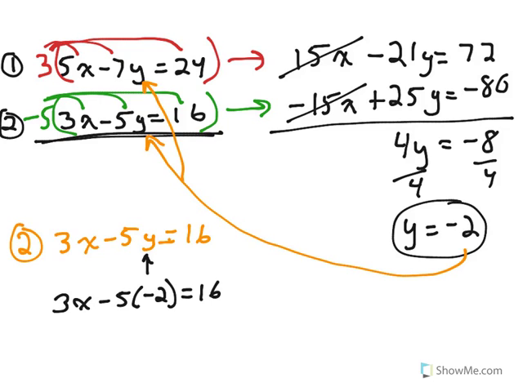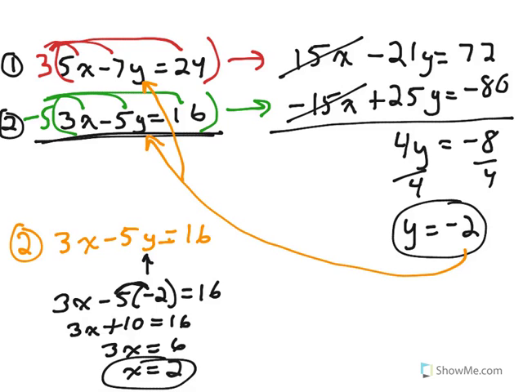Solve for x, multiply this out, gives me 3x plus 10 equals 16. Subtract 10 from both sides, and we get 3x equals 6. Divide both sides by 3, and we finally get x equals 2. So the solution to the system is the set of ordered pairs 2, negative 2.